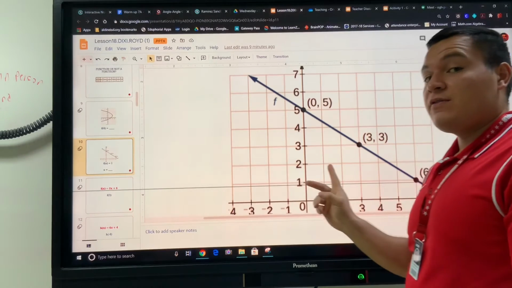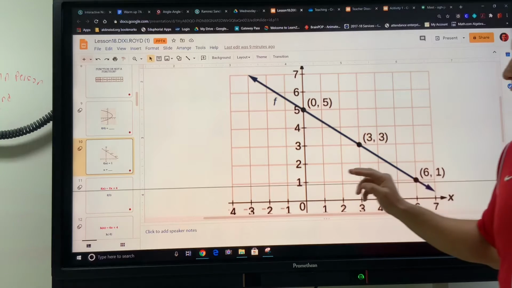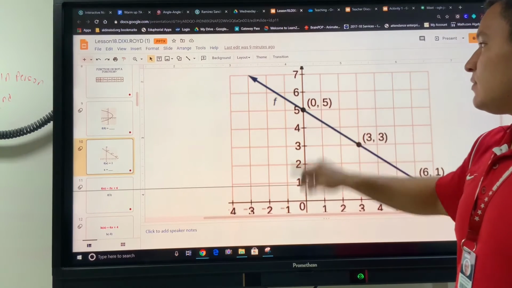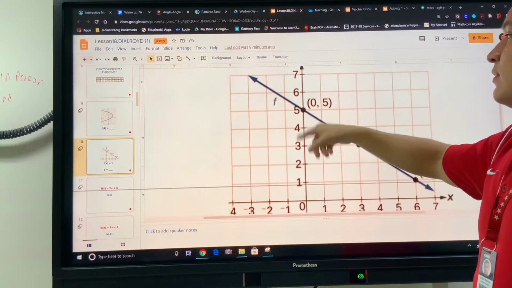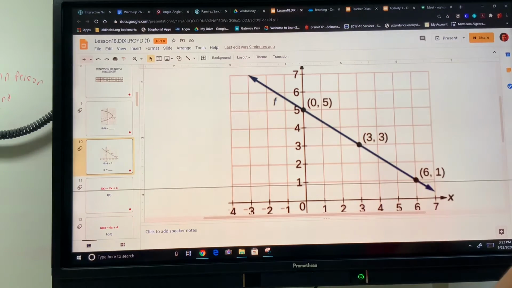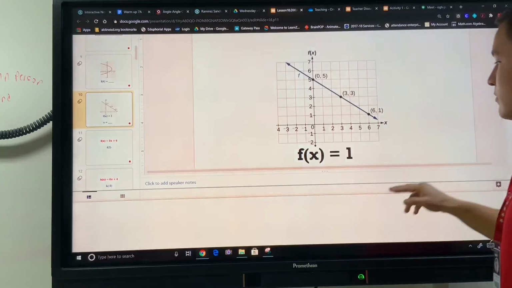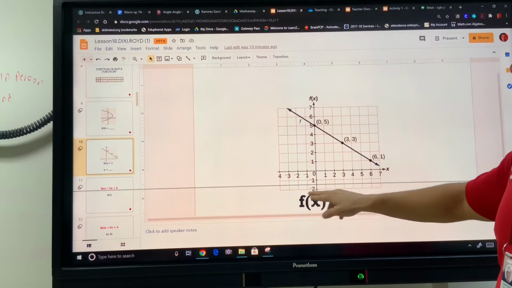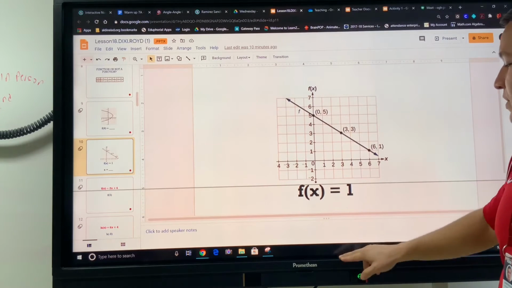Go ahead and draw this graph in your journal. We need to make the y-axis go up past 5. 0, 5 is a point on the graph. F of x equals 1. We're trying to find x.